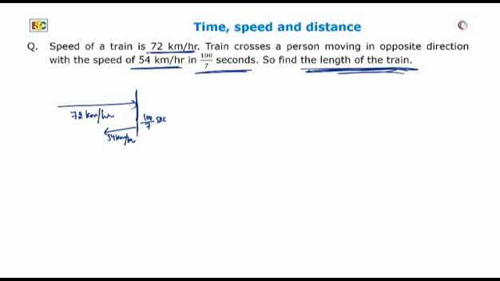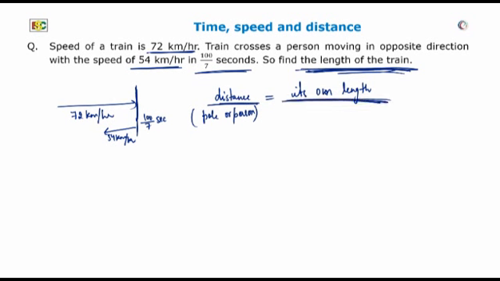We have studied in our learning videos that when a train crosses a person or pole, it covers a distance equal to its own length. So, for finding the length of the train, we have to calculate the distance covered by the train, and that will be equal to the length of the train.